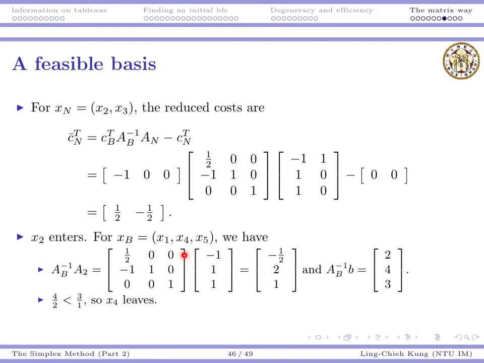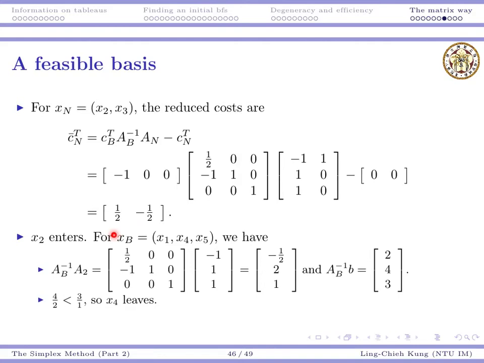Up to here, probably you get the first idea about why using matrices may be more efficient than doing Tableau. When you do Tableau, you need to calculate every number in the Tableau for every iteration, right? But for using matrices, for the denominator, you only need that entering column. You calculate these 3 numbers because you know x2 should enter.